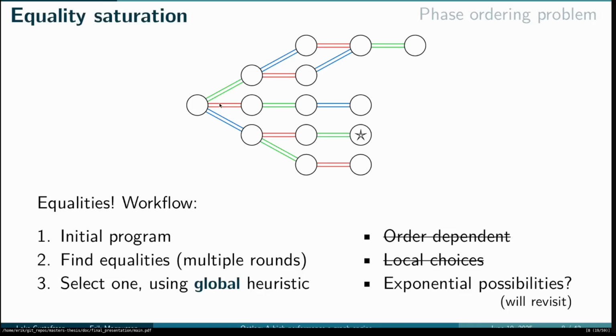But the obvious problem with this approach is that this space is absolutely enormous. It's not viable to take whatever memory usage your compiler is already using and multiply it by an exponentially large factor. So the solution is that eGraphs are a way of representing this space of programs.